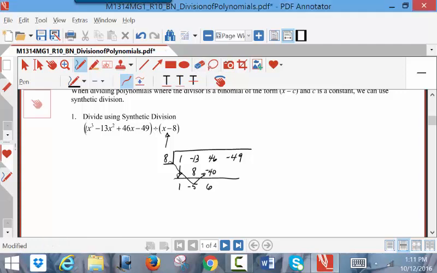I multiply 8 times 6 and get 48. And then I add and get negative 1. And this last number I put in a square box because this last number is your remainder.